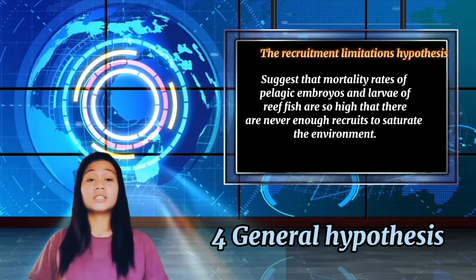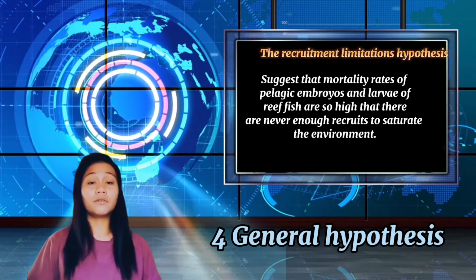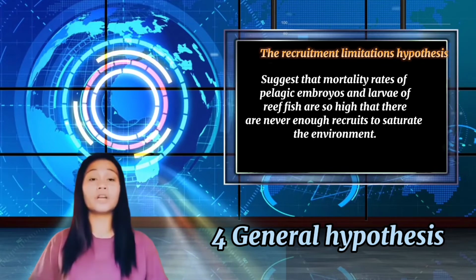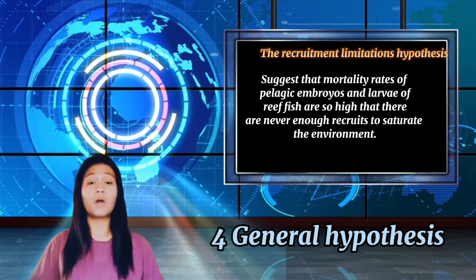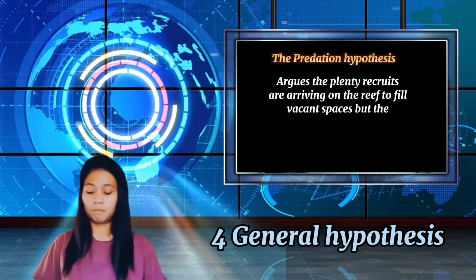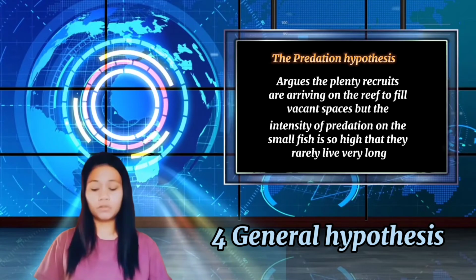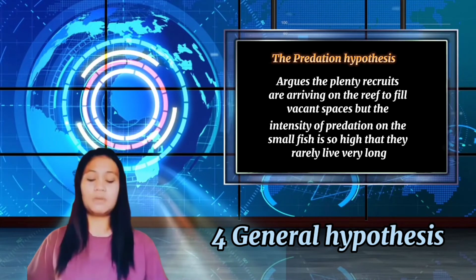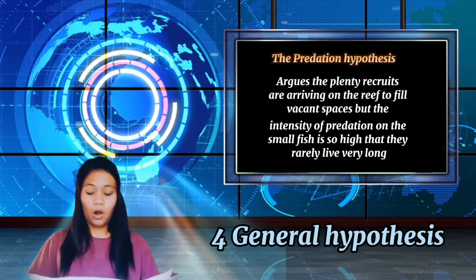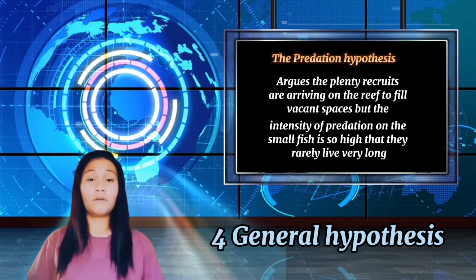It suggests that mortality rates of pelagic embryos and larvae of reef fishes are so high that there are never enough recruits to saturate the environment. Fourth is the predation hypothesis. It argues that plenty of recruits are arriving on the reef to fill vacant spaces, but the intensity of predation on the small fish is so high that they don't live very long.